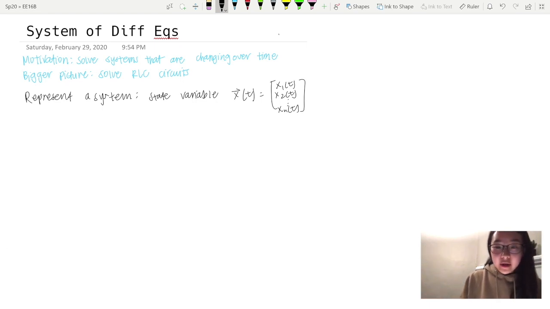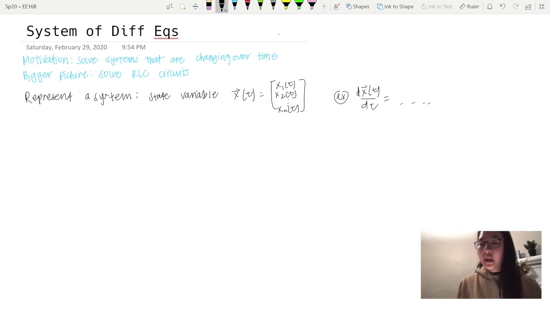So that's the state variable you're going to use, and then when you have the differential equations for it, you'll usually have, for example, d x of t is equal to blank to show the change over time, and that will be one of the equations you need to use in order to solve it.